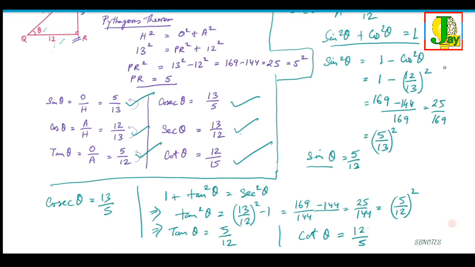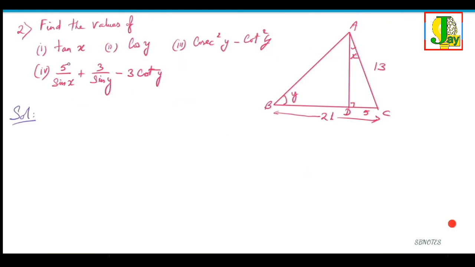So if you know one of the ratios, you can easily find all the other ratios using the identities, like the square identity we have used, sin square theta plus cos square theta. Then we have used reciprocal identities. In this question you are going to find the ratios like tan x, cos y, but you need to be careful here, the angle is changing. Here we have x, here we have y, so this angle is x, this angle is y, and corresponding to the given angles we are going to find the given ratios.